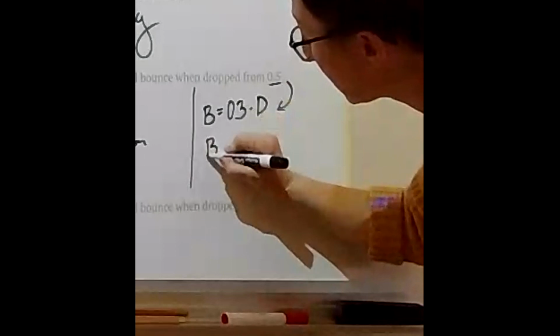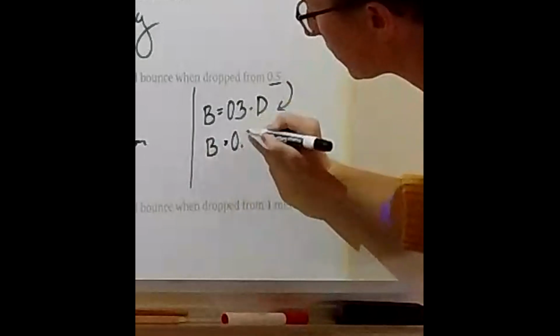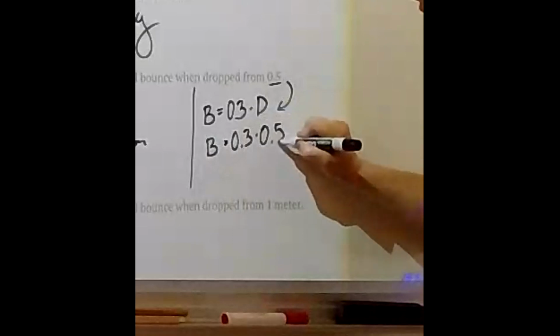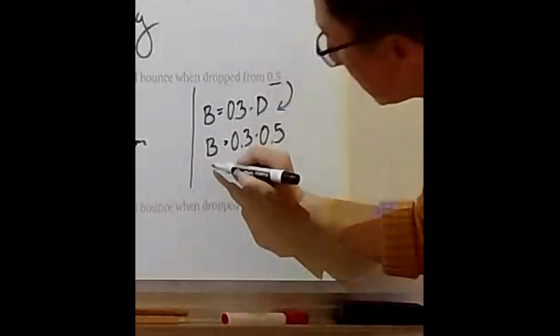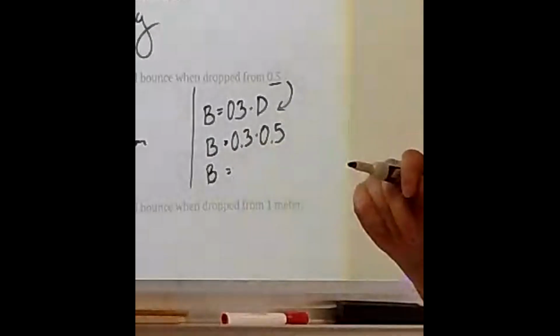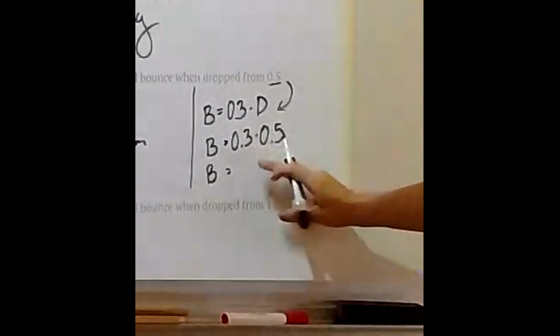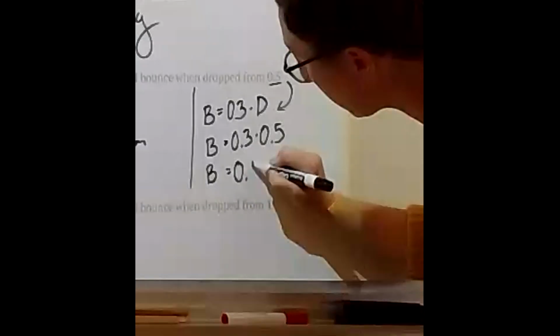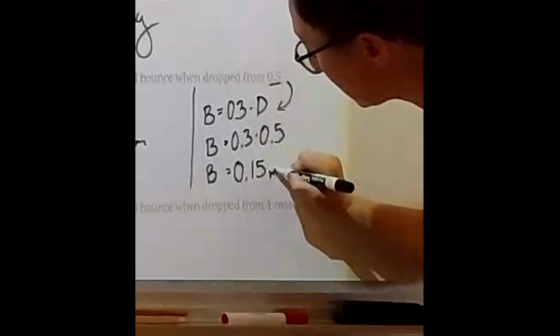So B equals 0.3 times 0.5. I'd get out my calculator or do the mental math, and 0.3 times 0.5 equals 0.15 meters.